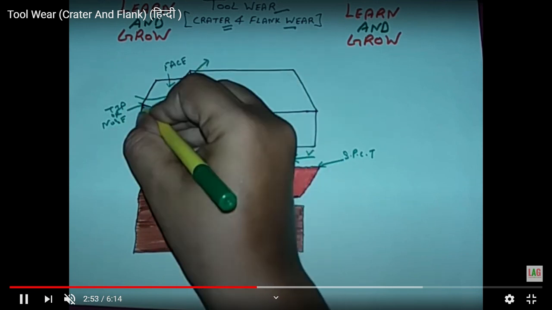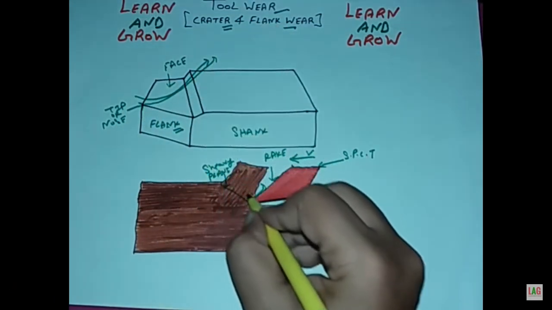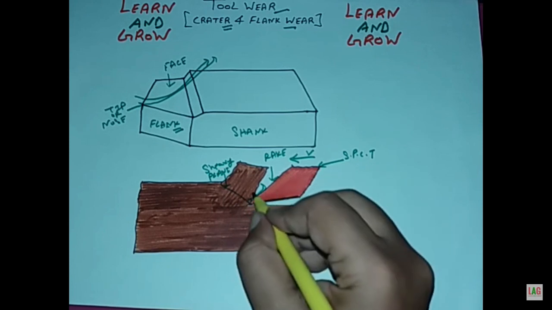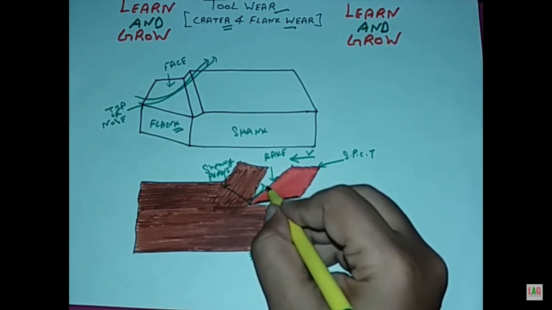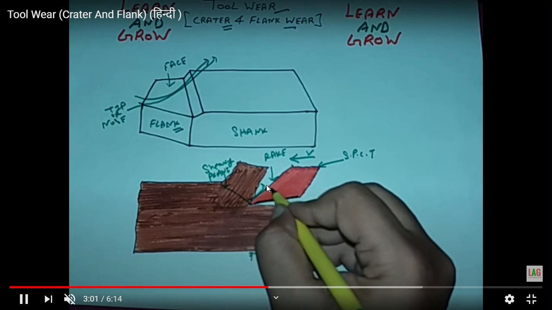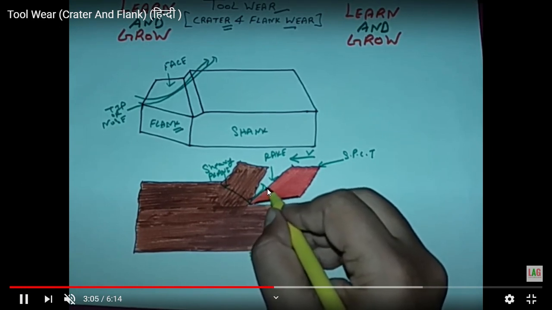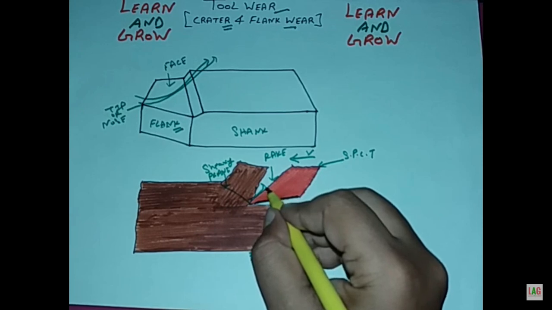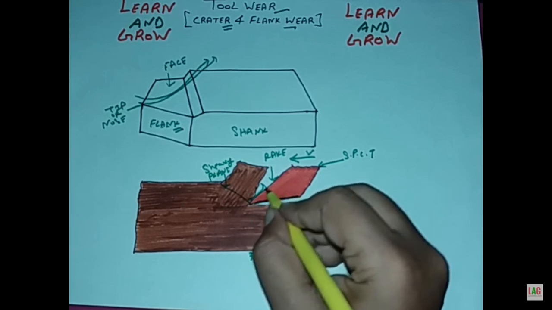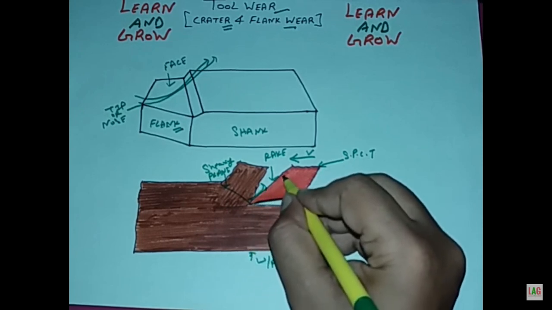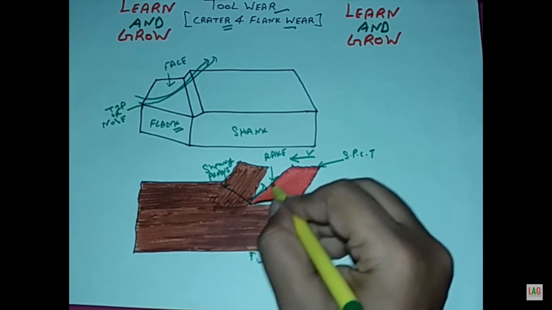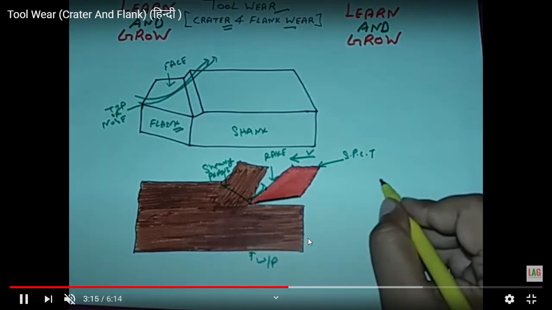This type of failure occurs on the rake face at the top of the tool here. These failures are called crater wear.